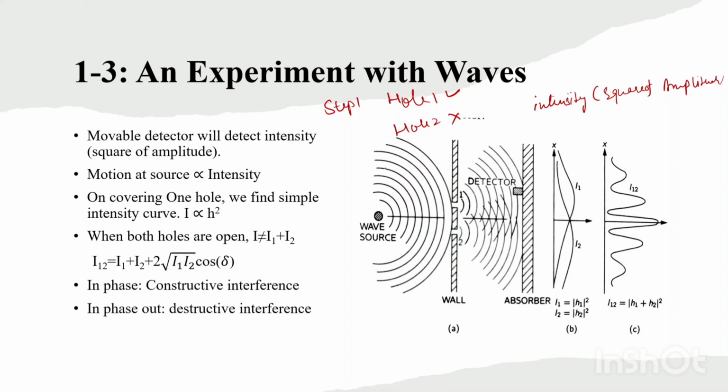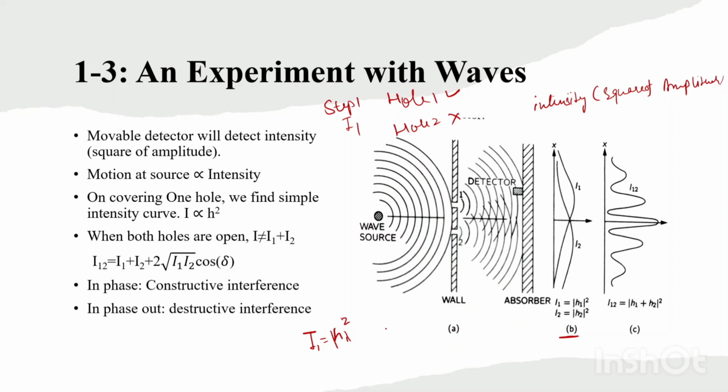It is similar to our previous case. So we find an intensity curve I1 for this case, which you can see in this graph. Let's say the amplitude is h1, so our I1 is h1 squared.